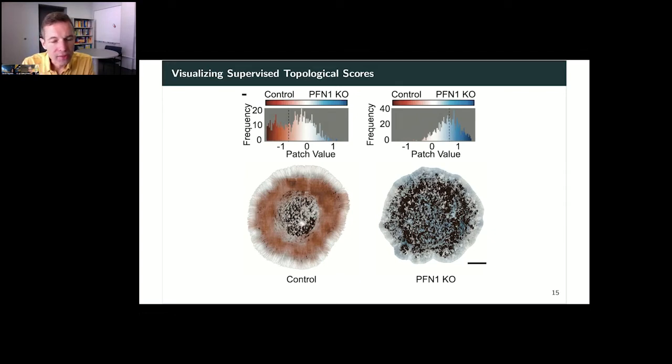And the interesting thing is that there are two things we get out of it. One of which is that we do get a good classifier. At the top, we have the histogram of the values of the patches of these images, and the average of those patch values, or average of those scores, is indicated by the dashed line.